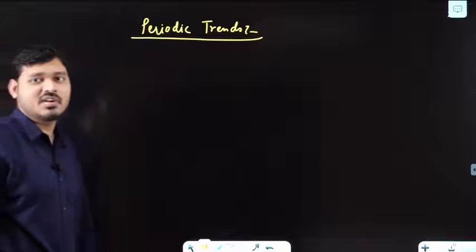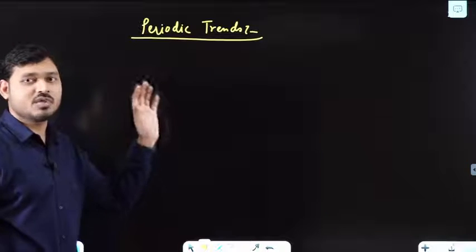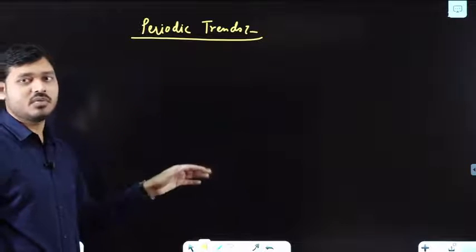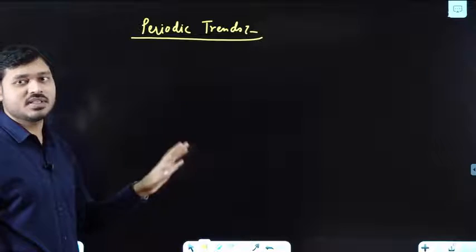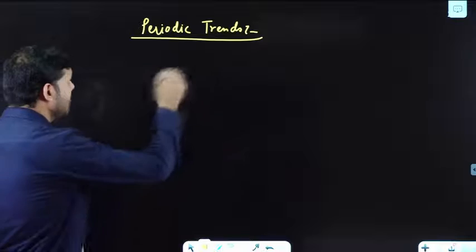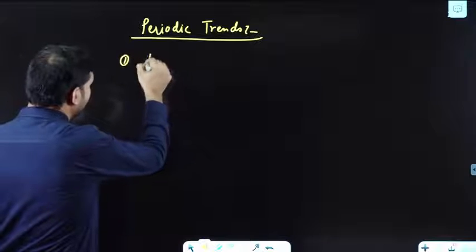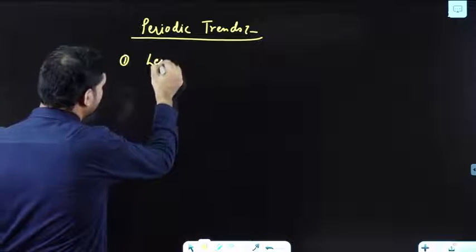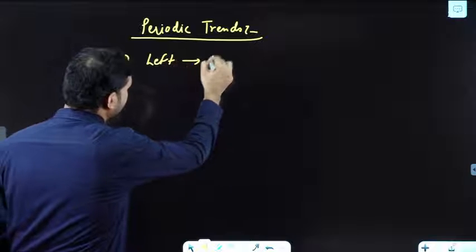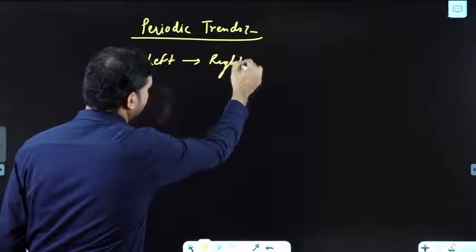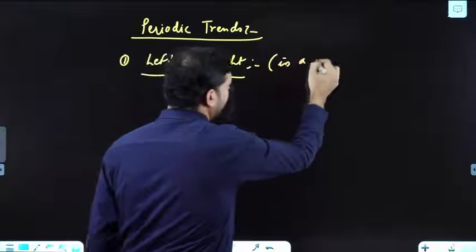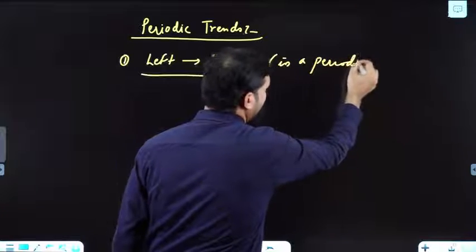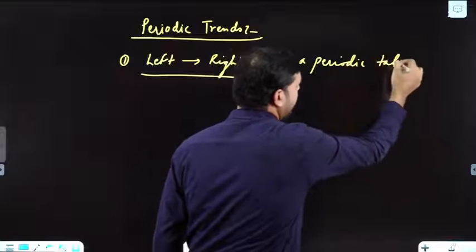Periodic trends. Now let us understand what happens on moving left to right or up to down in a group or in a period, with respect to nucleophilicity and basicity. Okay, so in periodic trends, first of all I am talking about left to right in the periodic table.